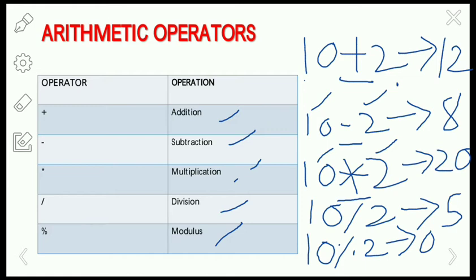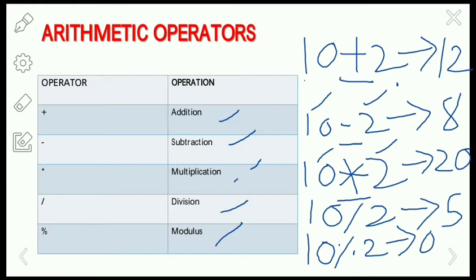If both the operands are integers, then the result of the division will also be in integer format.